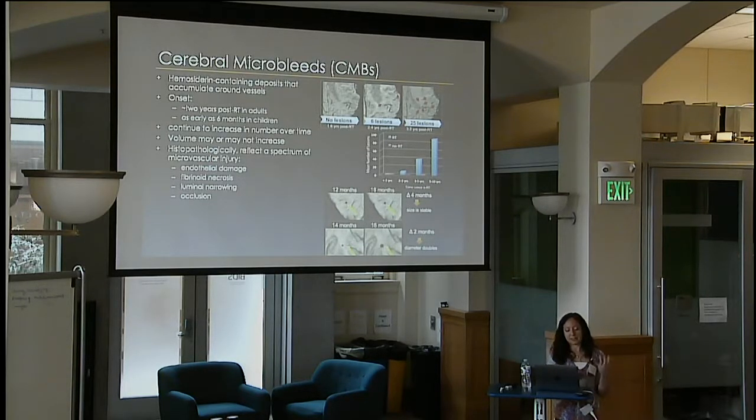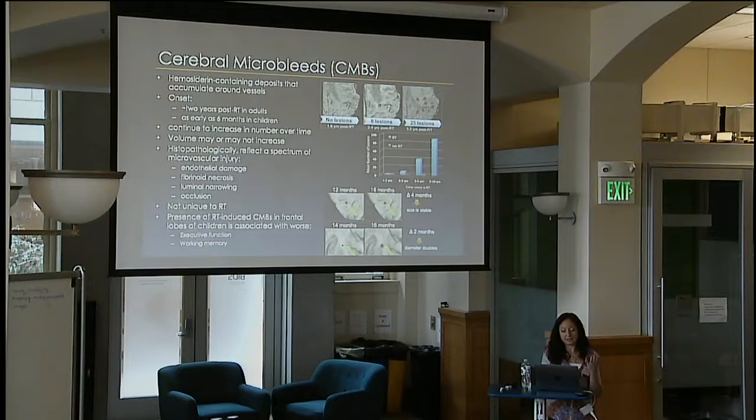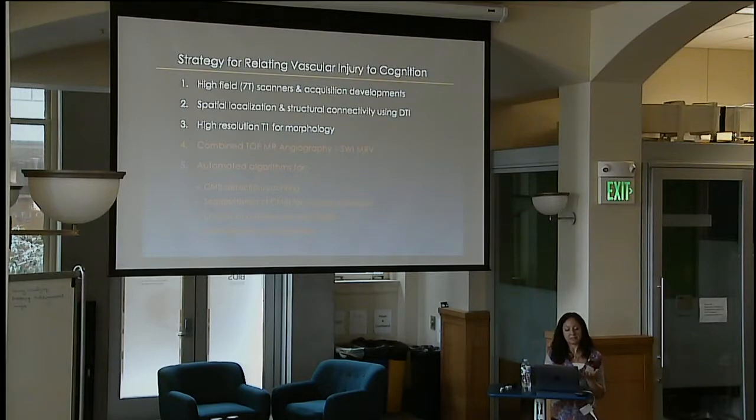They reflect a spectrum of vascular injuries, and they're not unique to RT; there are a lot of other diseases, such as Alzheimer's and cerebral cavernous malformations, that have these lesions as well. Traumatic brain injury too. They've been associated with worse executive function and working memory.